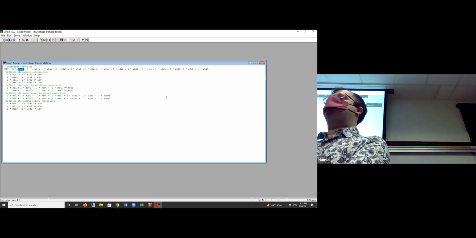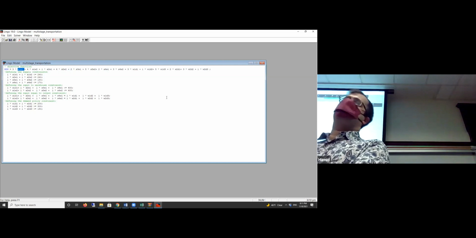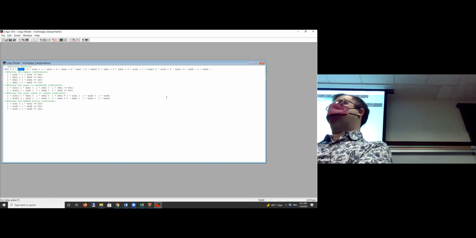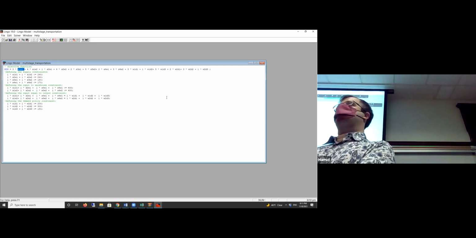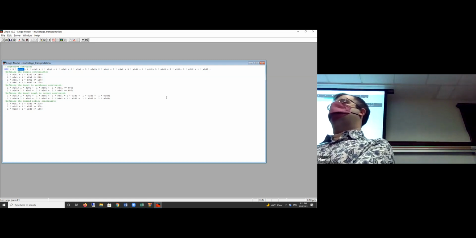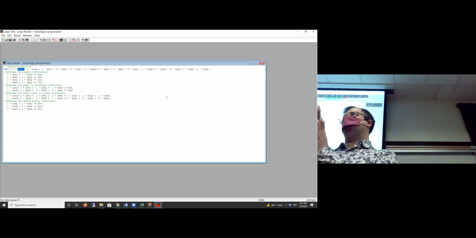So if I send 10 crates, the cost for each crate is 3, so 3 times 10 crates, I should pay $30 if I send 10 crates from S1 to W1, or from Orlando to Denver.